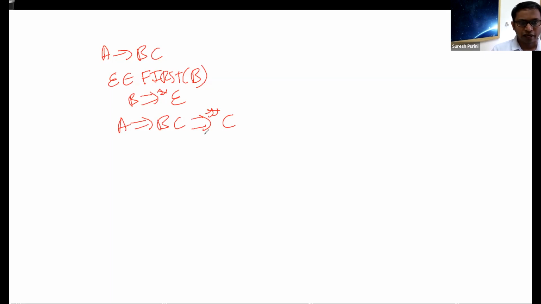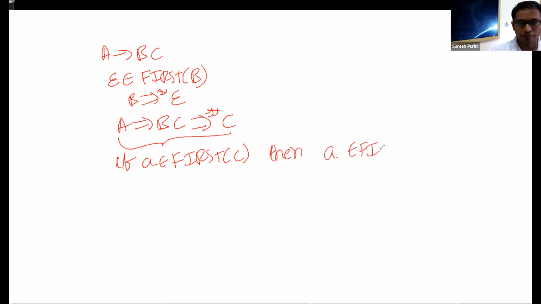From this what we can infer is if the terminal symbol a belongs to first of C, then the same terminal symbol a belongs to first of A. The reason is if a belongs to first of C, then that means in 0 or more steps we can generate a beta, then that means a also belongs to first of A. So this is the second observation.